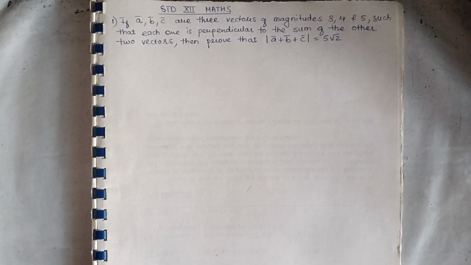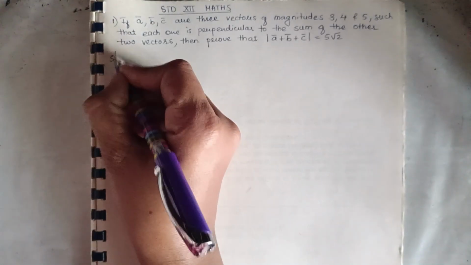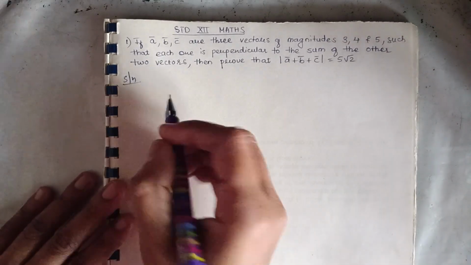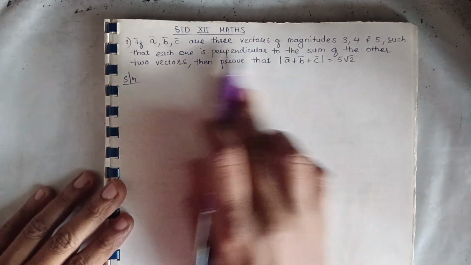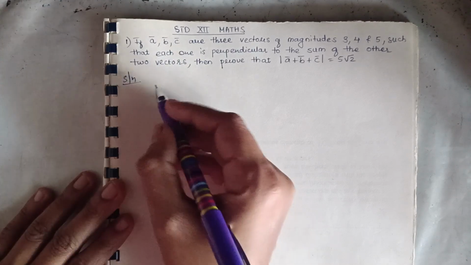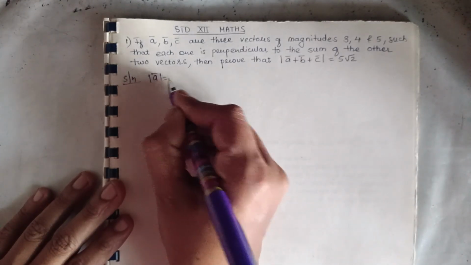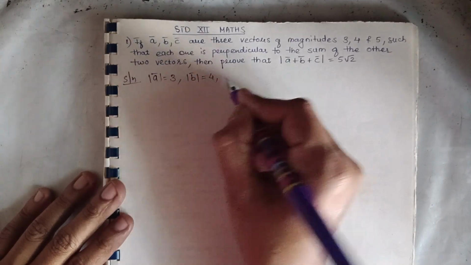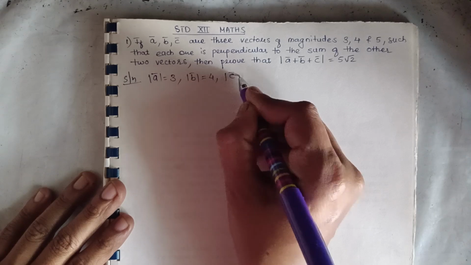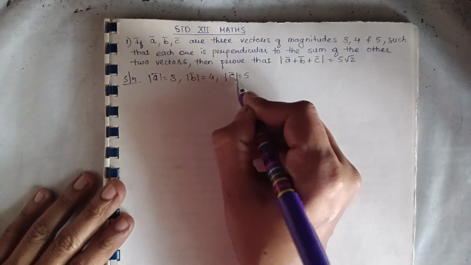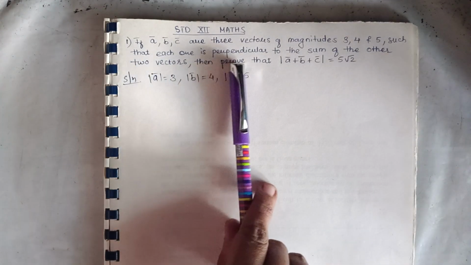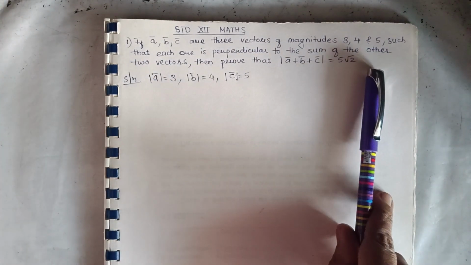So for this, whatever is given you have to write first. Here the magnitudes of A, B and C are given. Now it is given that each one is perpendicular to the sum of the other two.